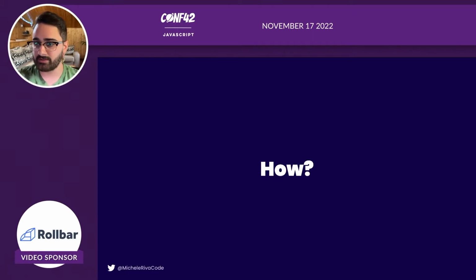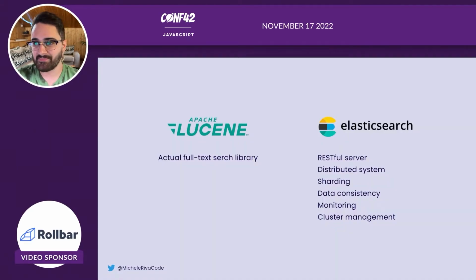Lucene is the actual full text search library, which is written in Java, and Elasticsearch is not just a search engine itself because it uses Lucene, but it's also a RESTful server. It is a distributed system. It adds sharding on top, so that if you have a lot of data, you can shard data amongst multiple nodes. It takes care of data consistency, monitoring, cluster management, a lot of stuff.